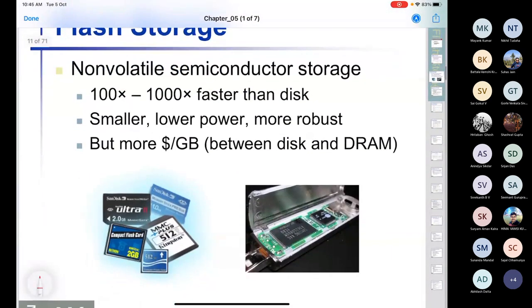Now, more and more computers are replacing the magnetic hard disk drive technology with non-volatile semiconductor storage, flash memory. This has been predicted for many years. Even from the early 1990s, people were predicting that magnetic disk would completely go out of usage and be replaced by an alternative technology.